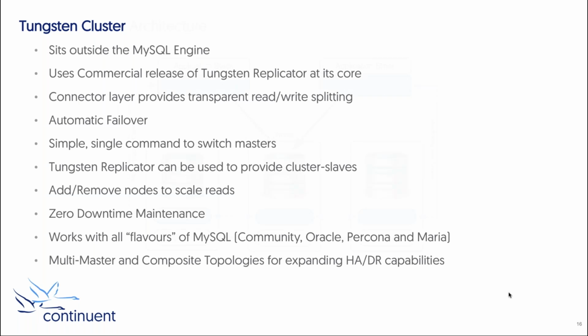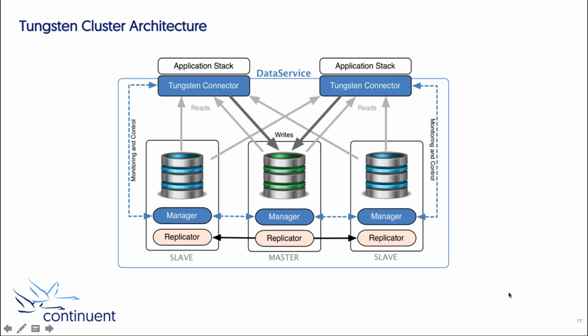So just to take a look at the architecture. What we have is a 3-node cluster that we're showing. And at the bottom, we can see our Tungsten Replicator is providing all the replication between these 3 nodes. So the master is the green node in the middle. And then we have the connector on top, which typically gets installed on the application server that provides read-write services. The application connects to the connector, and the connector directs writes to the master and reads optionally to the slaves.